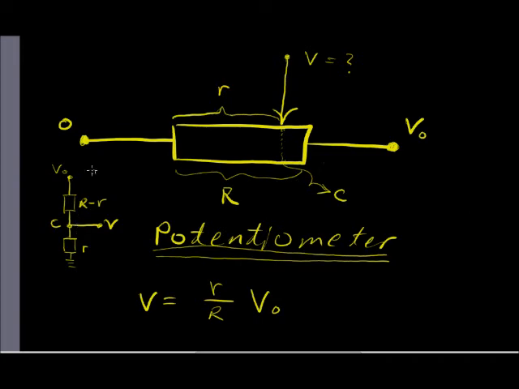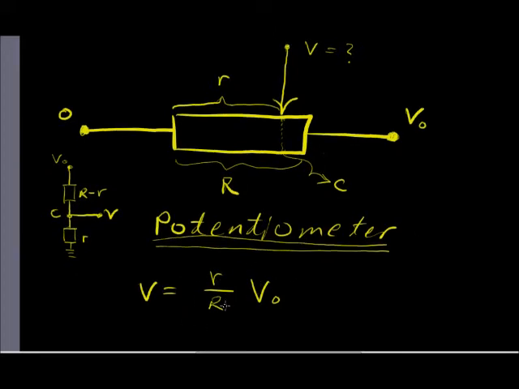So with this configuration, it's pretty obvious that the output voltage at this point is going to be given by this expression, where it's nothing more than small r divided by capital R multiplied by the total voltage applied across the potentiometer.